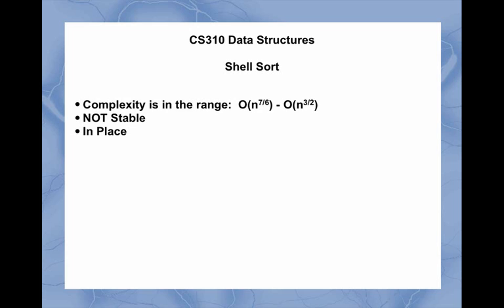So the shell sort idea is that we want to pre-process the array and get elements that are way out of the way, elements that are completely wrong, into fairly close to where they're going to end up at the end. And the way we're going to do this is we're going to sort in bands.